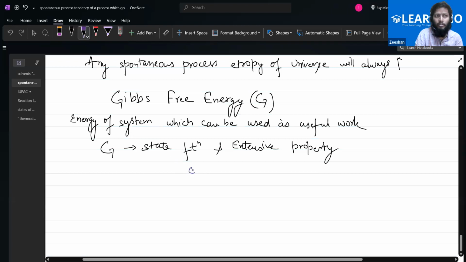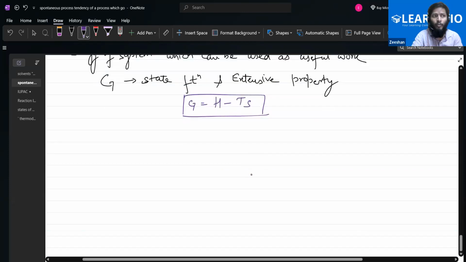Its formula is G equals H minus TS. What is H? Enthalpy. T, temperature. S, entropy.